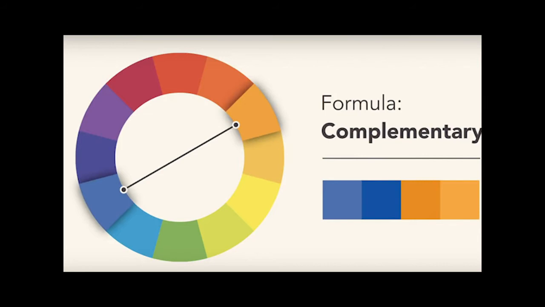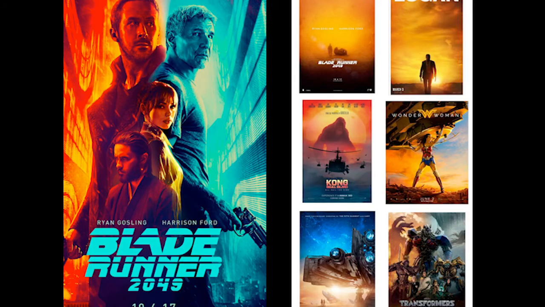And these colors give us high contrast imagery, and because these colors complement each other but are high contrast, they are used a lot in advertising and marketing, especially in the entertainment industry. You know, we look at most movie posters, especially the big budget blockbuster kind of movies, whether that is Wonder Woman or Transformers or Blade Runner or whatever, we see complementary colors used often.